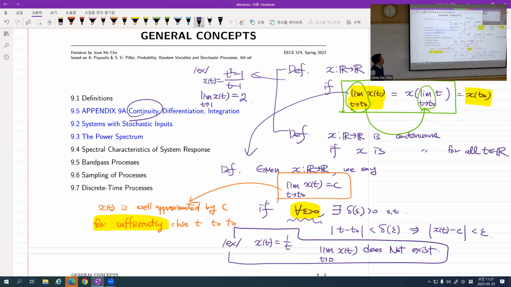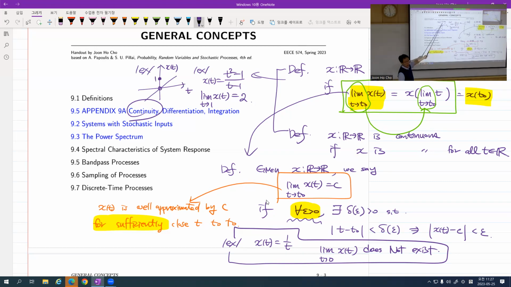However, there are many cases where the function is not continuous, and the simplest one can be something like this. You have x of t equals t, except that at t equals 0 it is defined as 1.